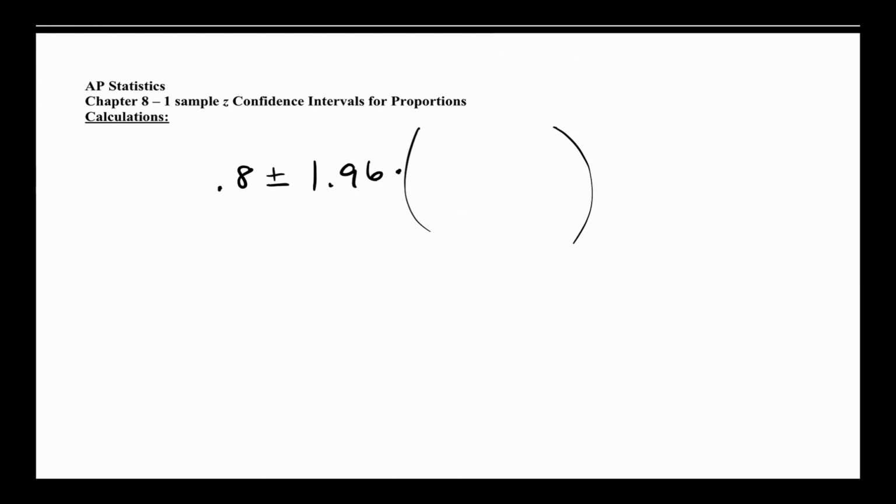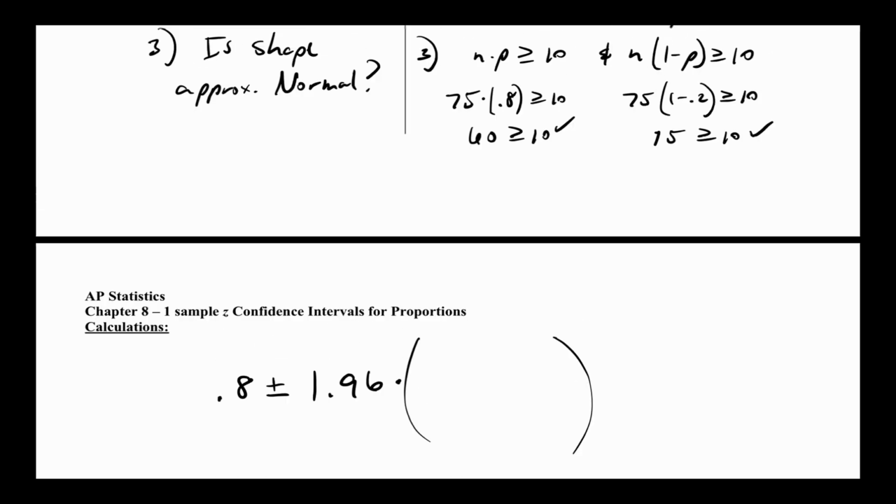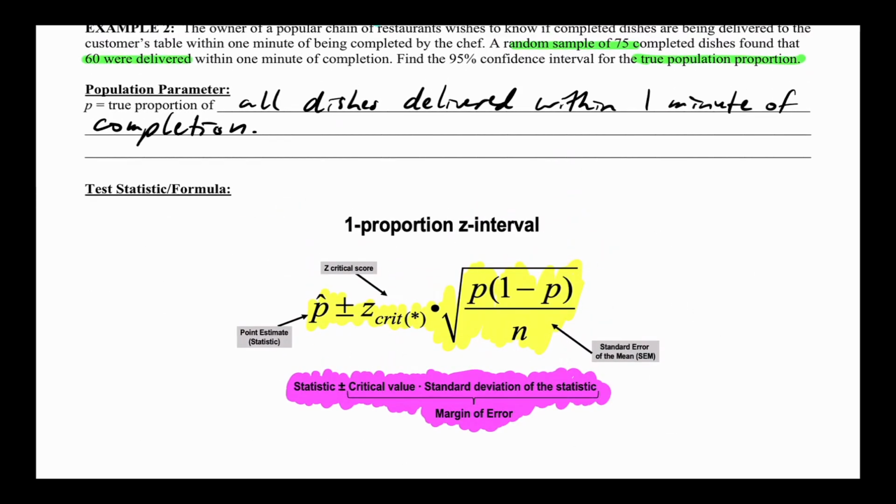Times, now I have the next thing, which is the standard deviation formula from last chapter. We don't have p. We talked about this yesterday. The best we can do is p hat. We know what p is: the true proportion of all dishes delivered within 1 minute of completion.